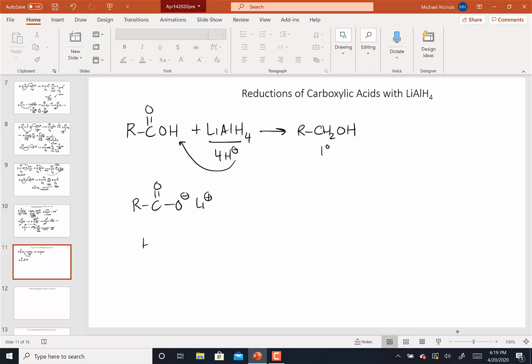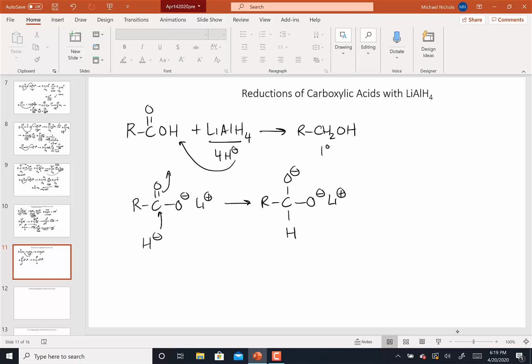Then the second H- is going to come in and attack that carbonyl, and the pair of electrons moves up there. Now I'm going to end up with that species, and again there's a lithium here as the counterion.